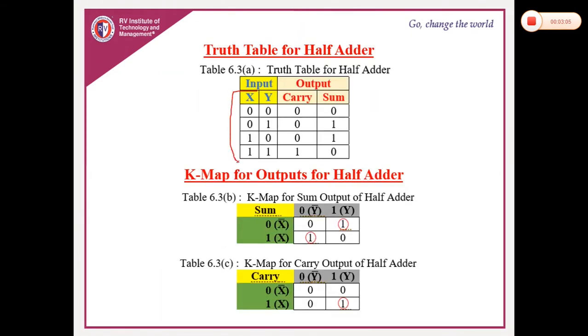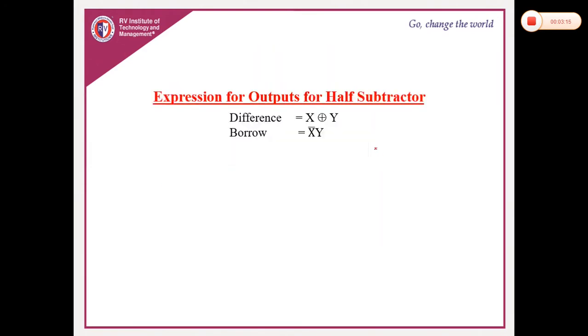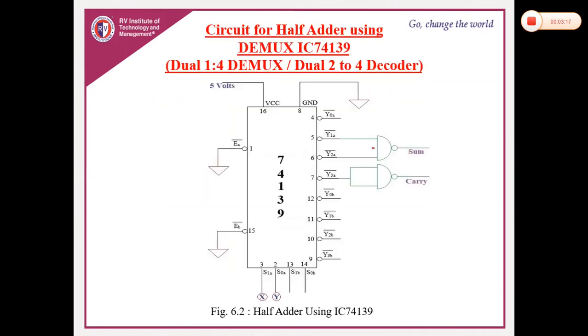We have x and y as input and some output. For the time being, you just forget about the carry. So we have 0 1 1 0 as the output, right? So what we will be doing here is, we will just concentrate on this upper part, which is 0 1 1 0.